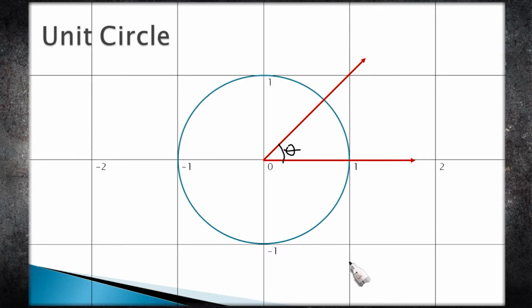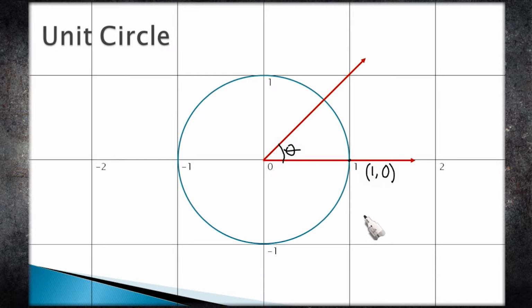So at this point, we need to consider where these lines that form our angle intersect the circle itself. The coordinates for the intersection of the initial line, we already know. It's right here. What is the value of x at this point of intersection? It's 1. What's the value of y at this point of intersection? It's 0, isn't it? We're right on the x-axis. So this is 1, 0.